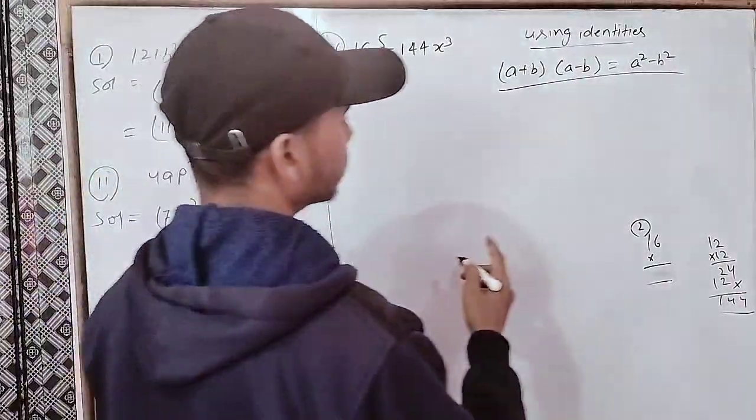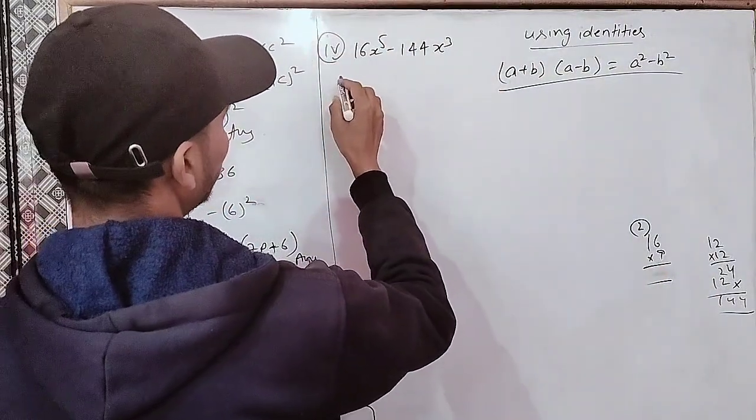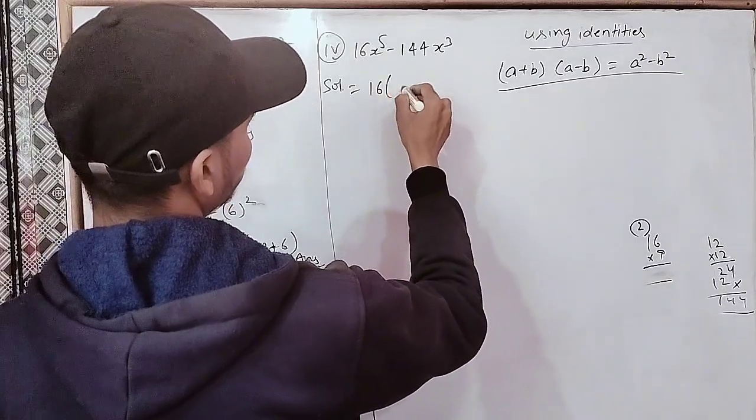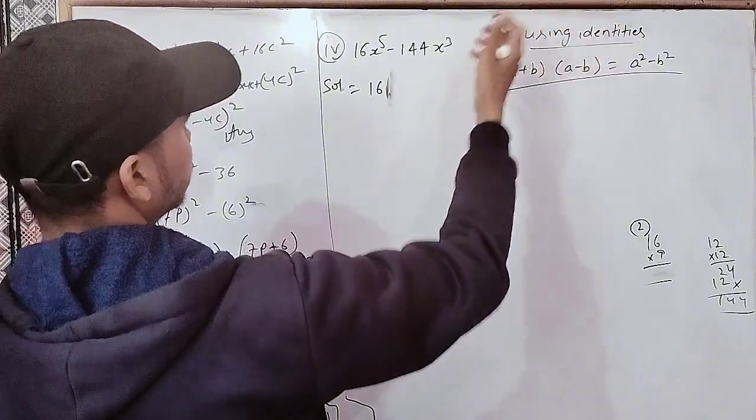Here would be 16, but 9 times. So it can be factored. But here, remember, we should have x raised to the power 2.